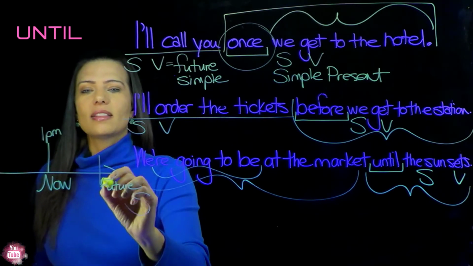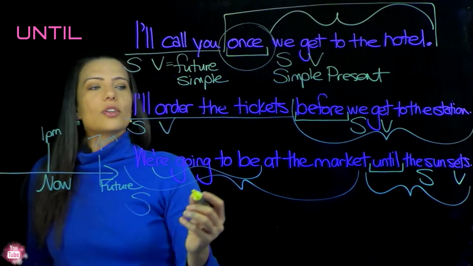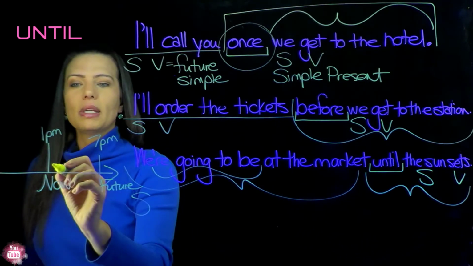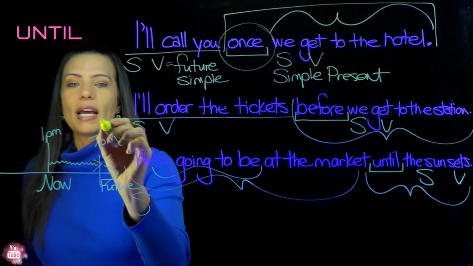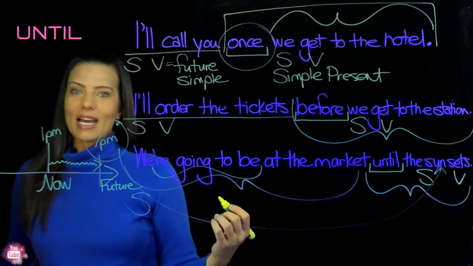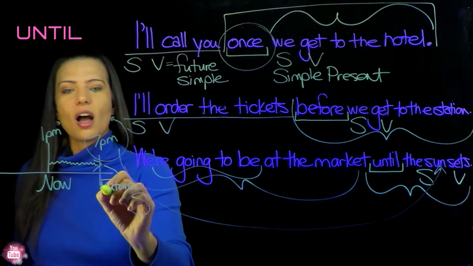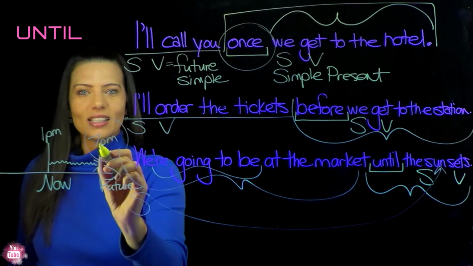And let's say that the sun is going to set at 7 p.m. So when we use the word until, it means that we are going to be at the market, but at 7 p.m., the sun is going to set. So at this time, we are not going to be at the market anymore, exactly at sunset.